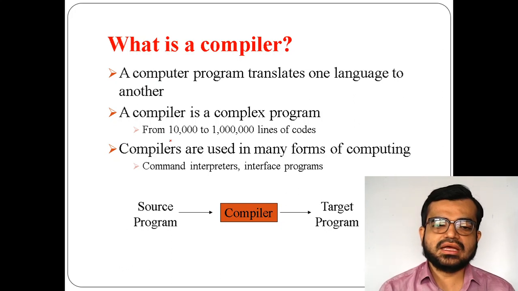Now, why is the compiler required? As you might already be aware, the compiler is a translator. It just translates one language into another. But along with that, it acts as an interfacing mechanism.